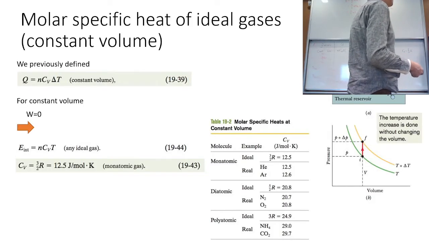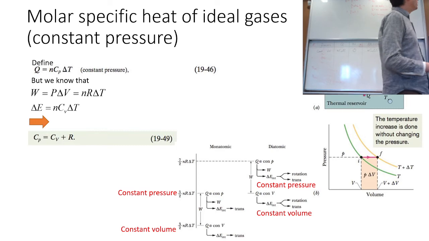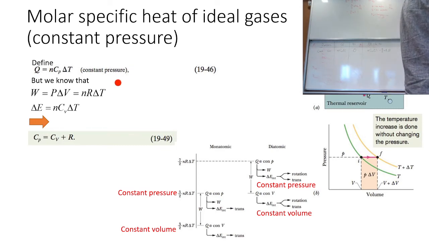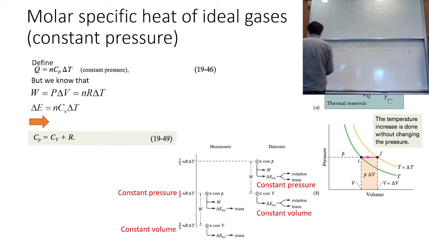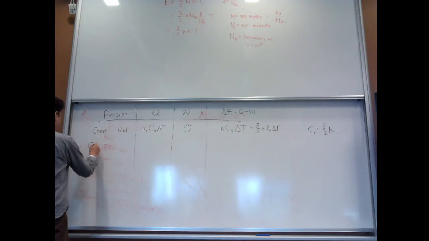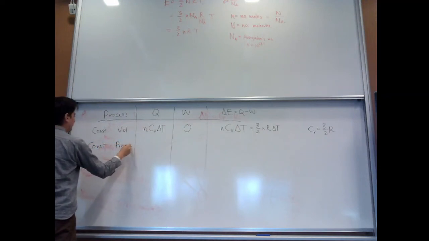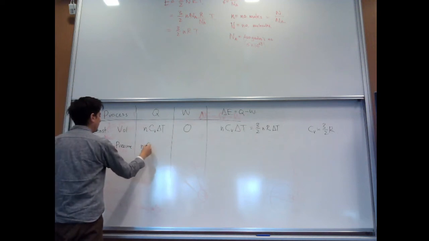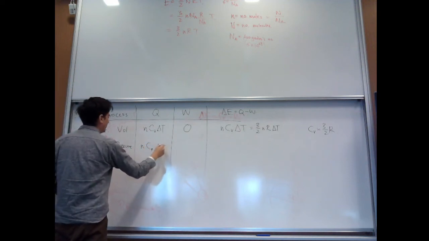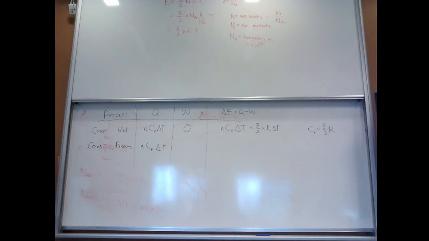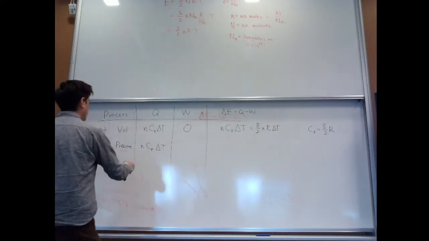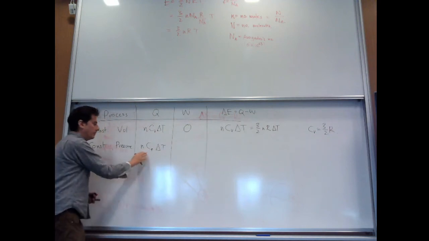Okay, so now let's look at another process, which is constant pressure. So for constant pressure, what we can do is just define this one. In this case, this is more or less just a definition. So if you have a heat capacity of something, in this case this Cp means the constant pressure heat capacity.